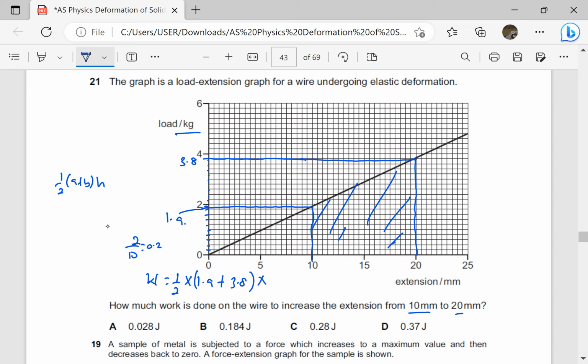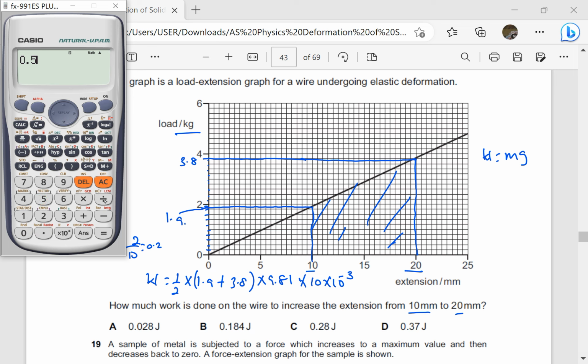So I will say times 9.81 because the weight is M times g. So 9 times 9.81, that is the force now. Then times the extension, from 10 to 20, that is 10 millimeters, so 10 times 10 to the power negative 3. I've subtracted 20 minus 10.